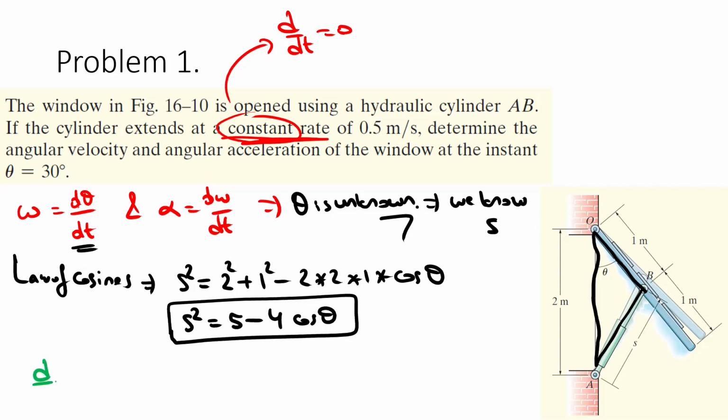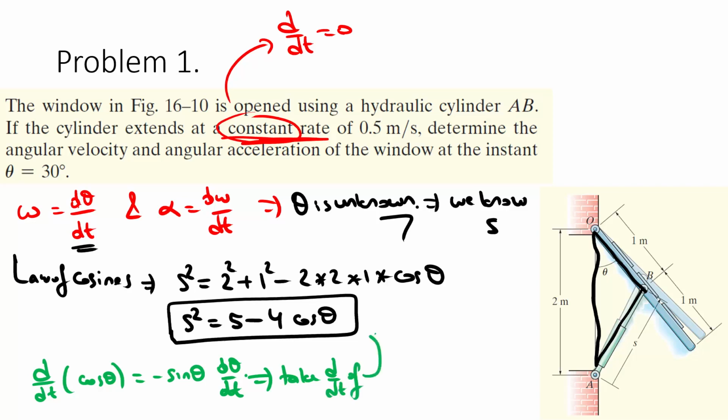If I take the d by dt of cosine theta, that will be negative sine theta, d theta by dt. As you can notice, from here I can get d theta by dt. So what it means is that if I take d by dt of this whole equation, then we can get the d theta by dt. So let's do that way.